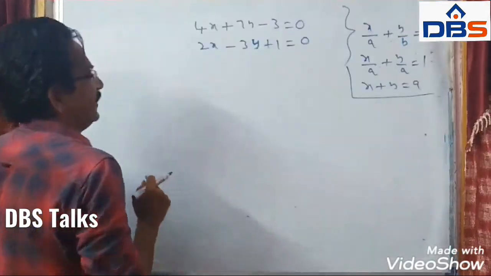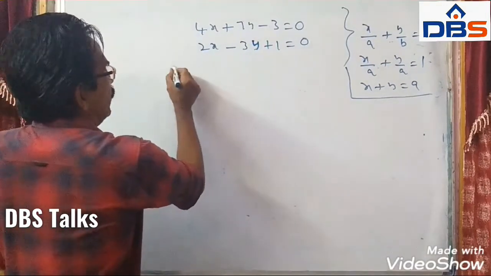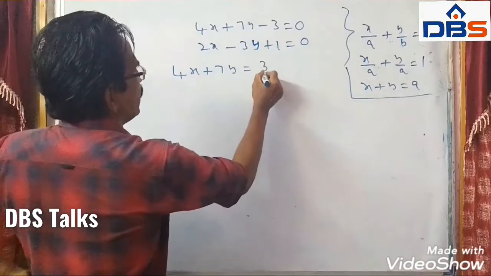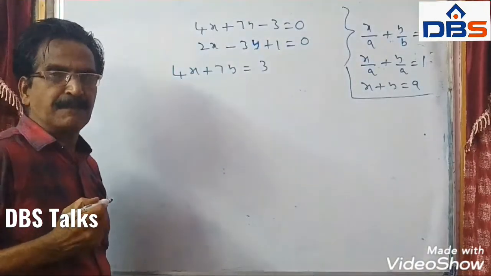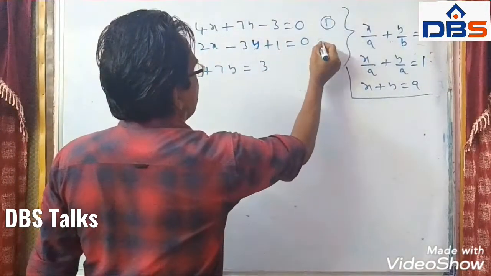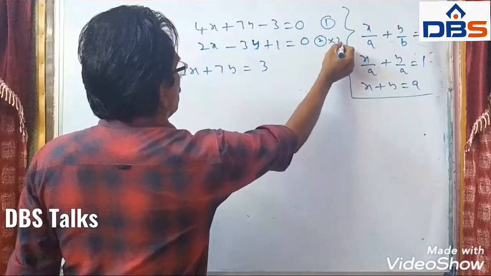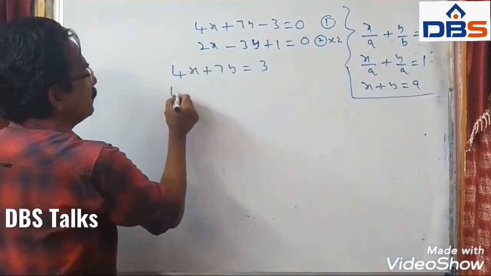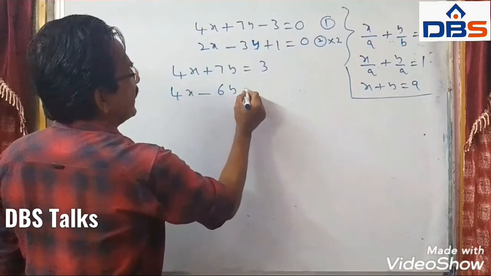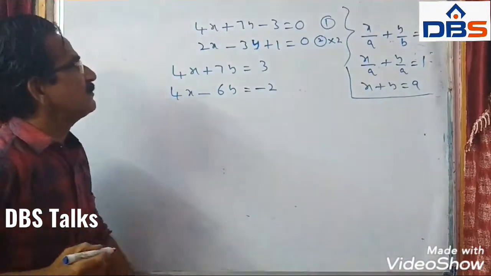Okay, friends. See, 4x plus 7y is equal to 3. This is the first equation, and this is the second equation. I am multiplying the second equation with 2. 2 2's 4x minus 2 3's 6y is equal to minus 2.